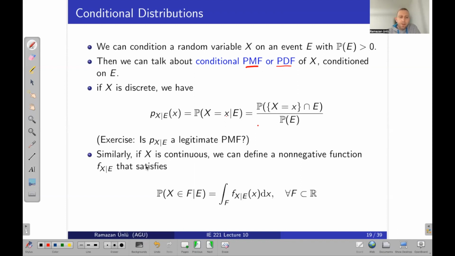Similarly, if X is continuous, instead of the PMF we have to use the PDF, the probability density function.